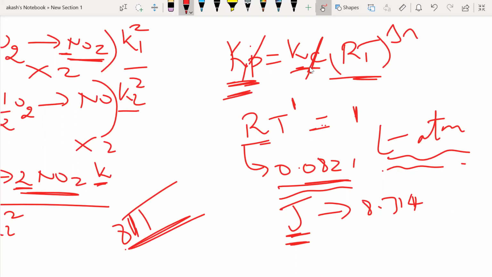Since I'm introducing pure PCl5, I can say for sure that at equilibrium, the concentration of PCl3 and Cl2 should be the same, is it not? And that's what stoichiometry says, isn't it? 1 mole of PCl5 will give 1 mole of PCl3 and 1 mole of Cl2, right? So whatever is the concentration of PCl3 will be the same as that of Cl2. Any answers?